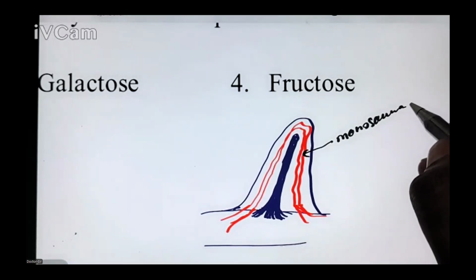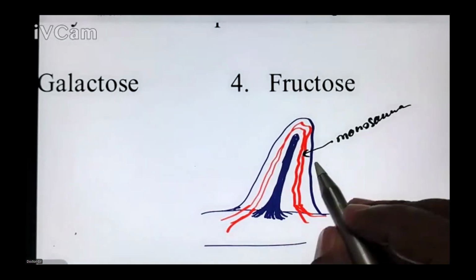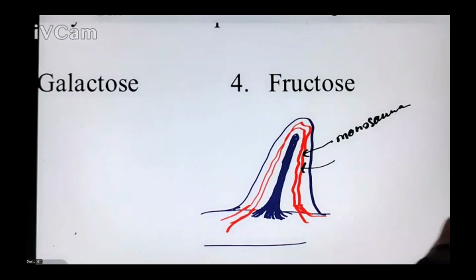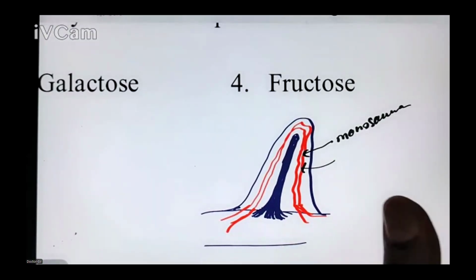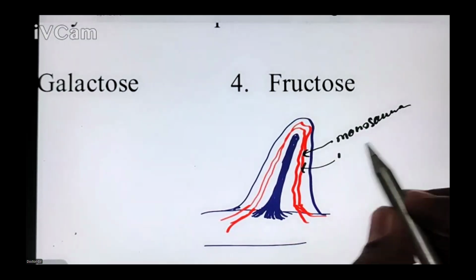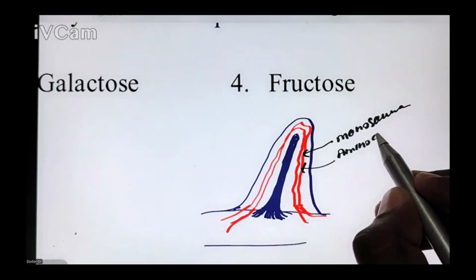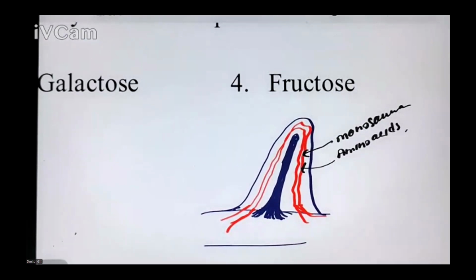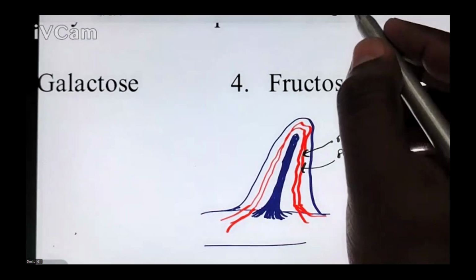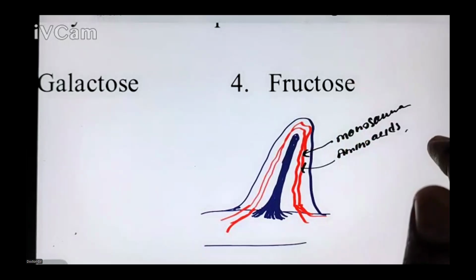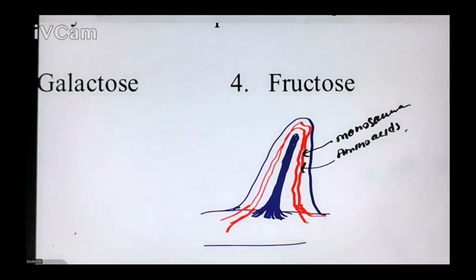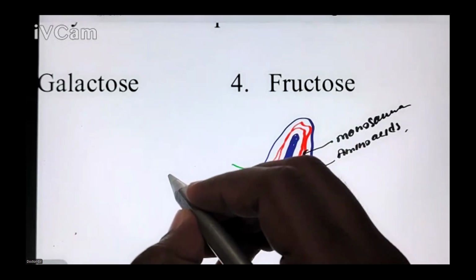Monosaccharides are absorbed into the blood, and the other one, proteins, meaning the amino acids. All those things will be absorbed into the blood capillary. But the lacteal absorbs other important things. What are they?